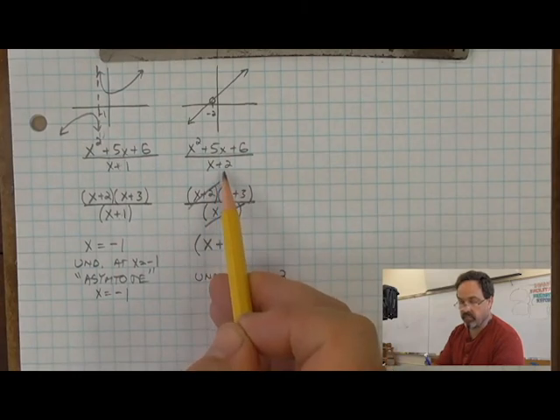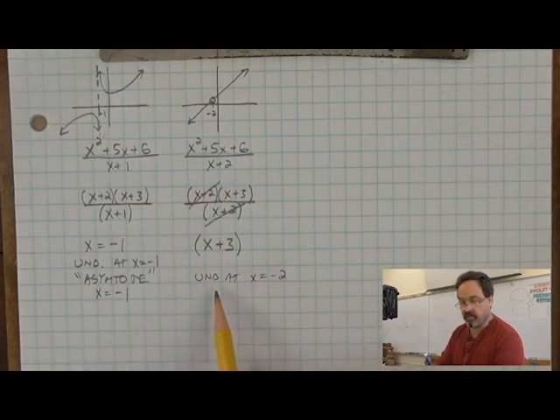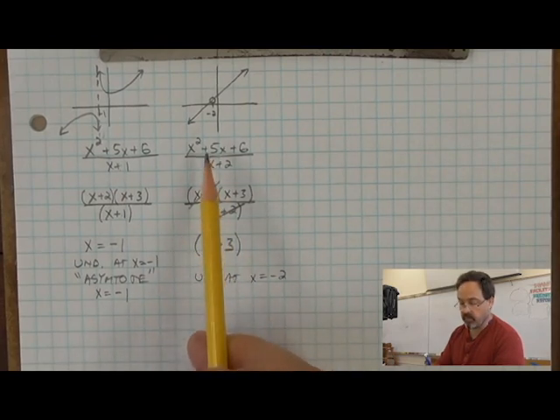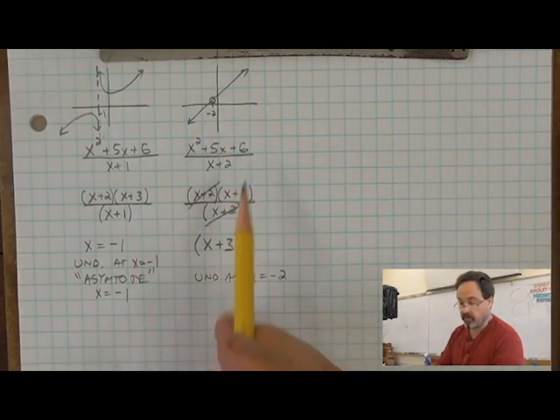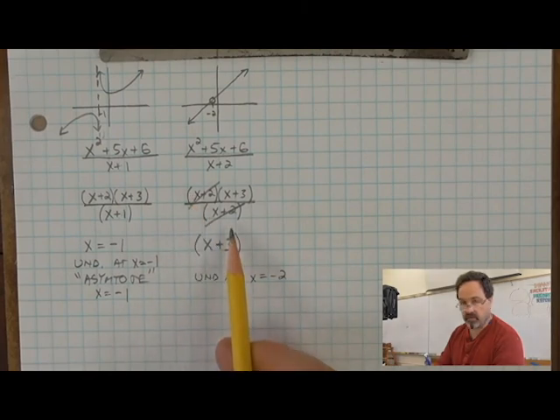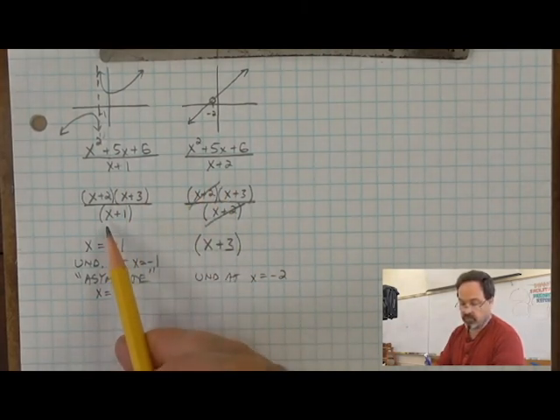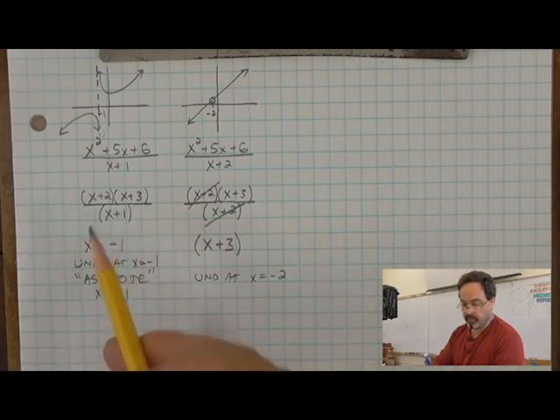It causes the division by 0 error, but it doesn't do it in such a way that creates an asymptote. It does it in such a way that creates a hole because that problematic piece can be factored out. Unlike the function that can't be factored, which produced an asymptote.